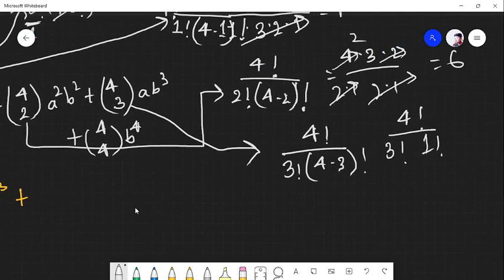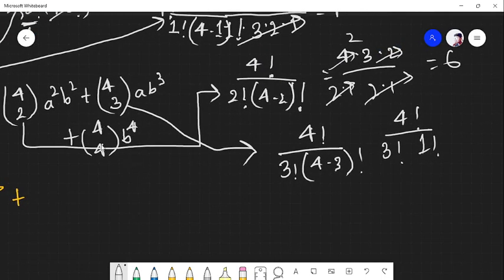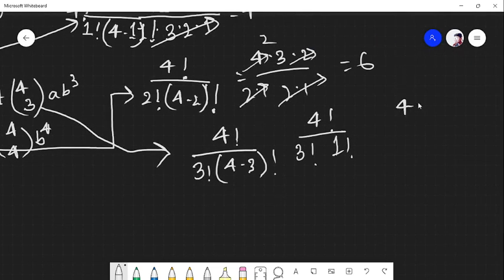here is the 4, so this will be 4 factorial over 4 factorial into 4 minus 4 factorial.